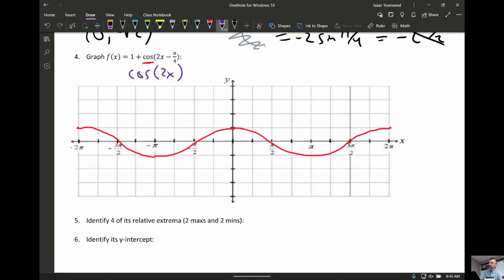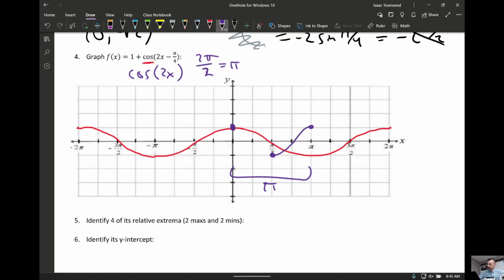If I change the b value to 2, now period is pi, because period is calculated by 2 pi over b. So instead of needing 2 pi of space to see a full cycle, I need to squeeze this into 1 pi of space to see a full cycle. But it should be the same pattern. It should still start and end at 1. It should still be at negative 1 directly in the middle.